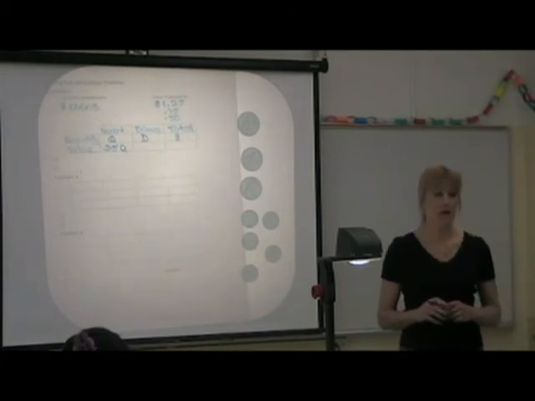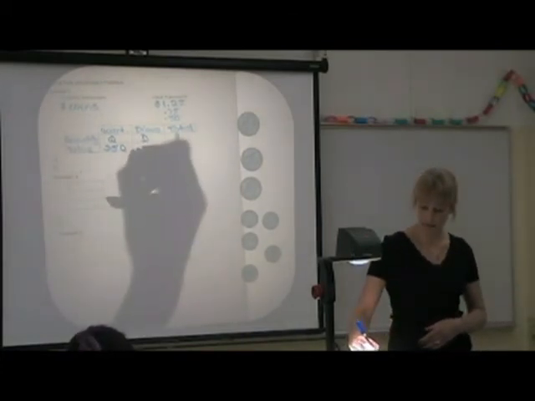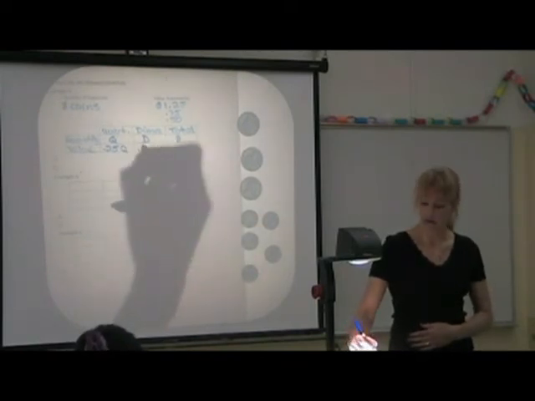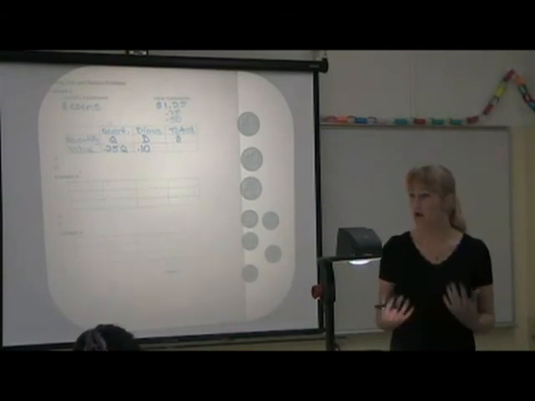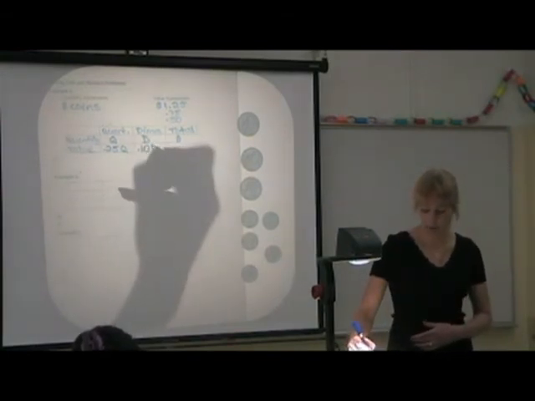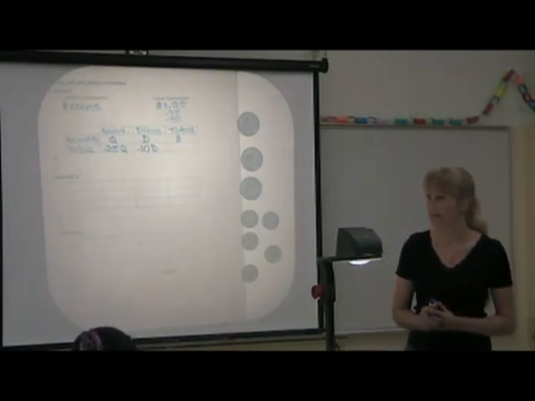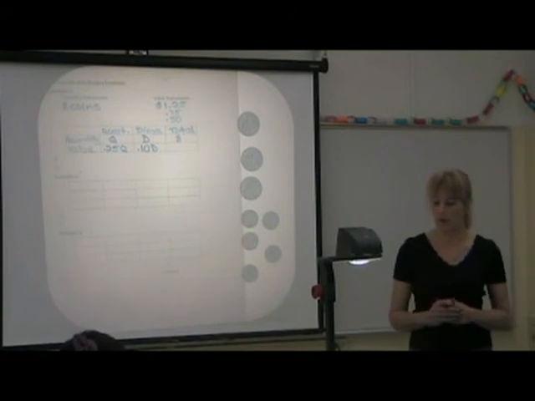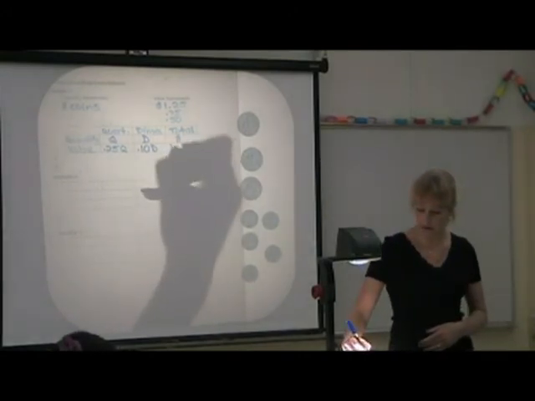So the value of the dimes, following that same pattern, how much is one dime worth? 10 cents. And we don't know how many dimes we have, so we're just going to put D. Okay? We know that we have $1.25. We still have that information.